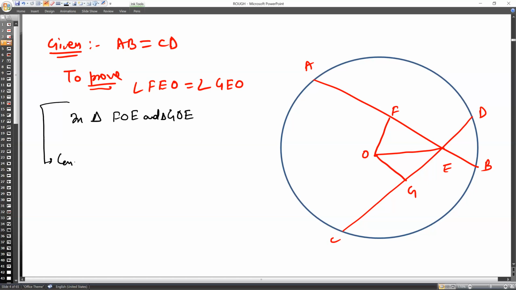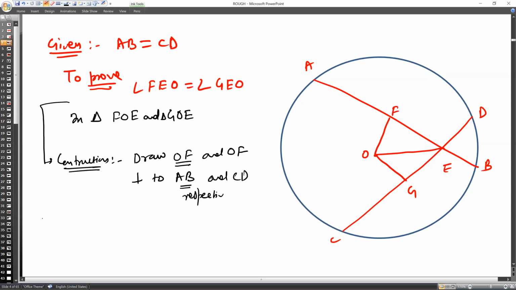You have to do this construction: draw OF and OG perpendicular to AB and CD respectively.